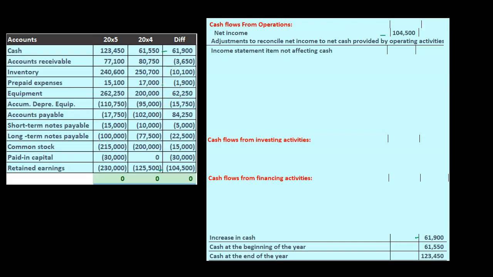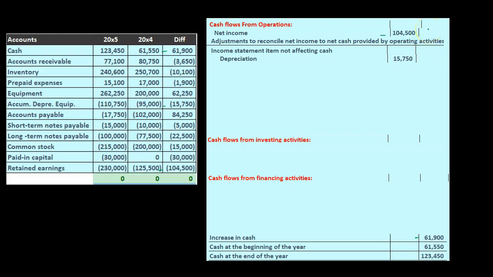So how can we think of the depreciation in terms of a change in these balance sheet accounts? Well, it should be the change in accumulated depreciation, which started at $95,000 and went up to $110,750, the difference being $15,750. You would think that that would be our change in depreciation that we would have to deal with here.